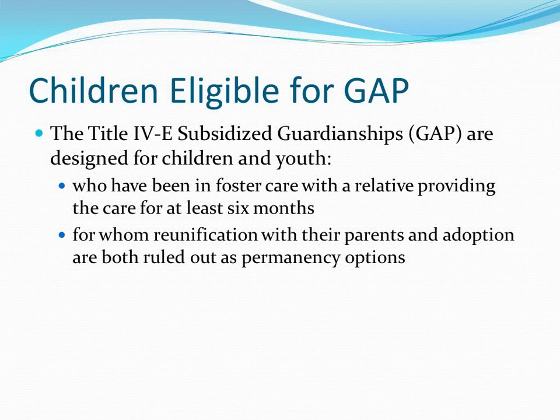Adoption may have been ruled out because the child is older, or because you, as the relative caregiver, have said that you do not want to be the one responsible for forcing the issue of terminating parental rights, and therefore you are choosing subsidized guardianship. So those are the conditions that have to be met related to the federal program and the child's status.